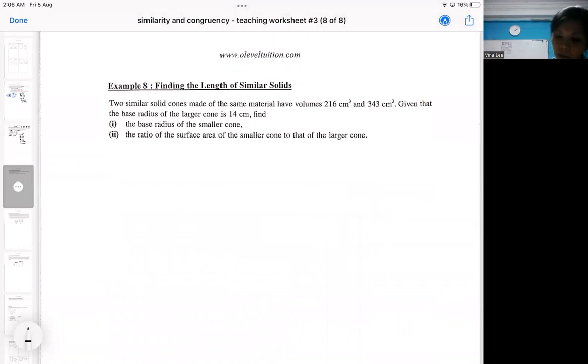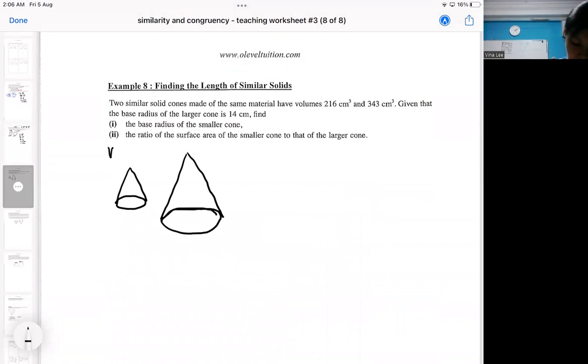So two similar cones we got. Maybe again, I'm going to draw out a smaller cone and a bigger cone. They gave us two volumes, so I'm going to write down the volume.